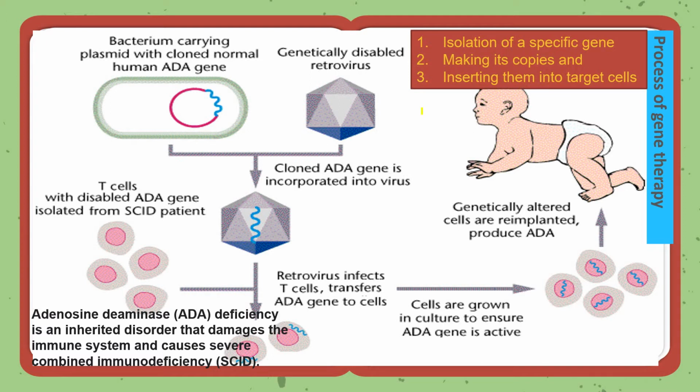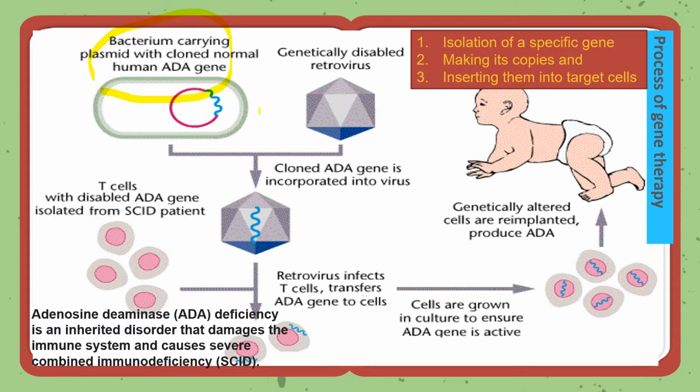T lymphocytes, you know very well, are very important in the immune process. That is why a deficiency of T lymphocytes results in severe combined immunodeficiency disease. For the genetically engineered lymphocytes, first we take the gene of interest, in this case the normal human ADA gene, which we want to introduce.